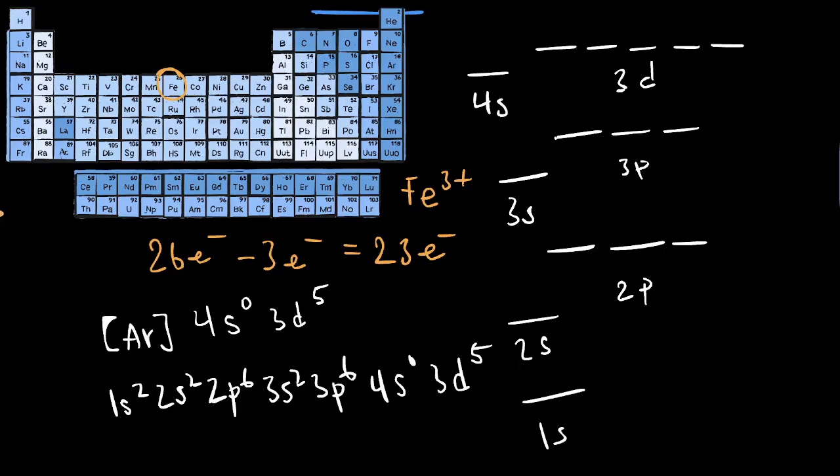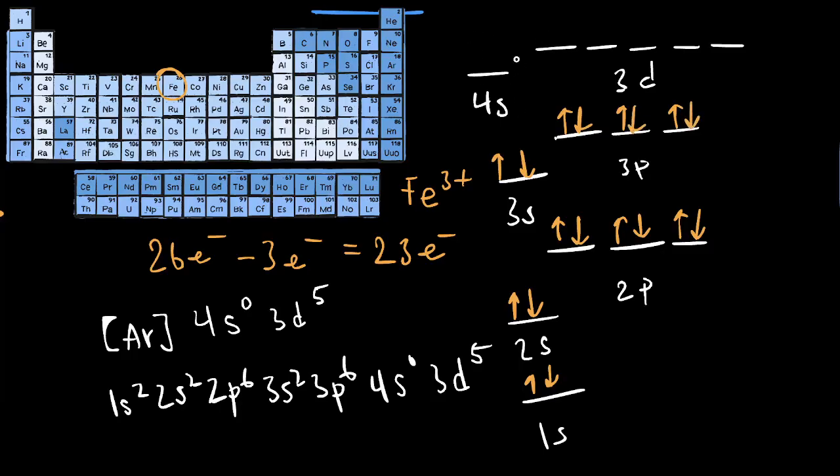So we can see that we have 23 electrons, so let's just count and move our way up. 1, 2, 3, 4, 5, 6, 7, 8, 9, 10, 11, 12, 13, 14, 15, 16, 17, 18.